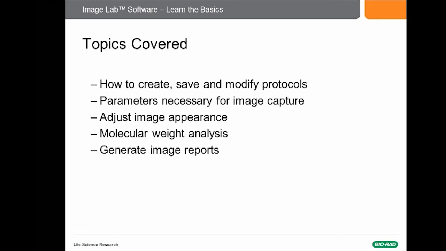We went over the parameters that are necessary for image capture. We modified the appearance of images for applications and for analysis. We looked at simple molecular weight analysis, and we ended by generating image reports and also looking at exporting of these images for downstream applications.